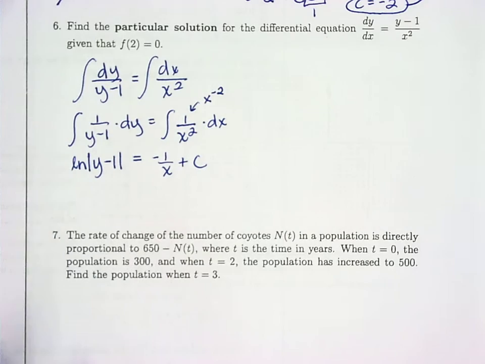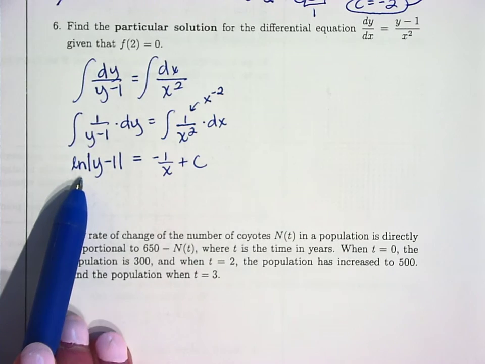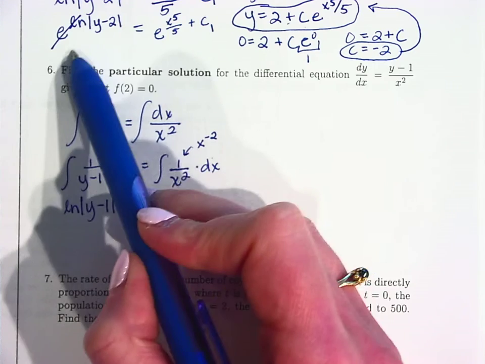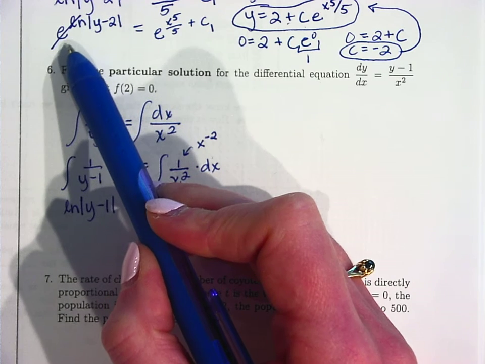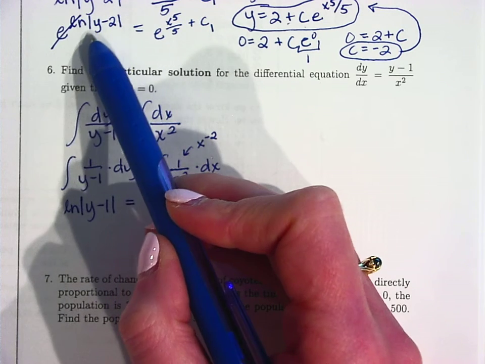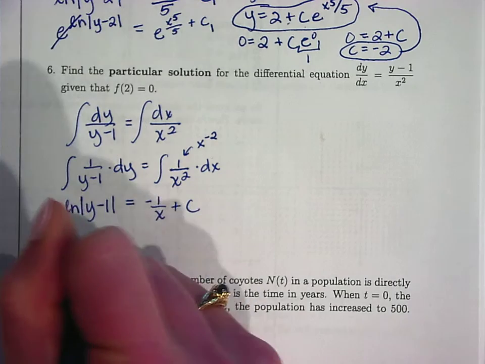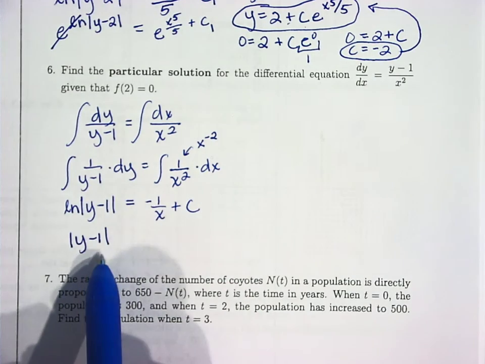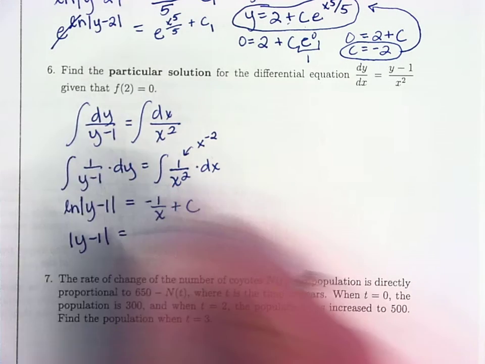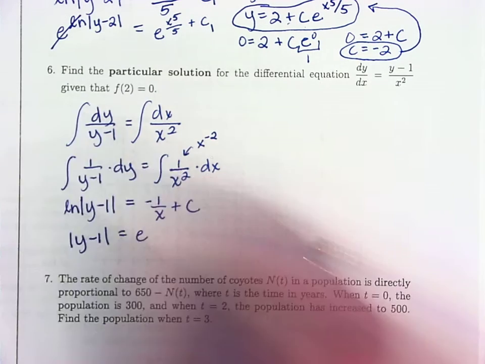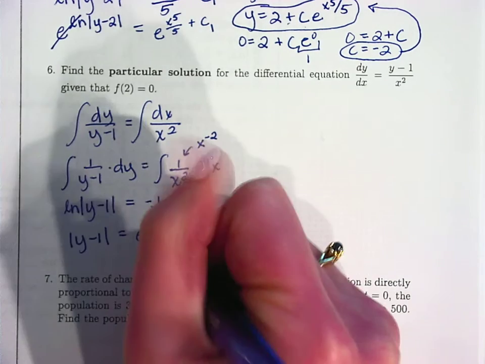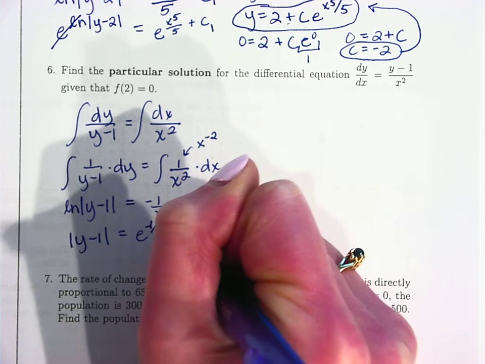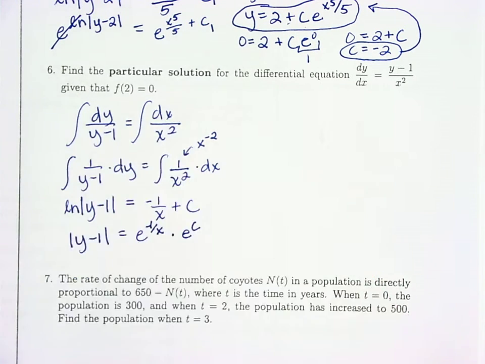Okay. Now we have to exponentiate both sides to get rid of the ln, but we've already seen up here that when you exponentiate the left-hand side, e raised to ln completely cancels out. So I'm just going to go ahead and write absolute value of y minus 1 on the left. Then when I exponentiate the right-hand side, e raised to the negative 1 over x times e to the c.